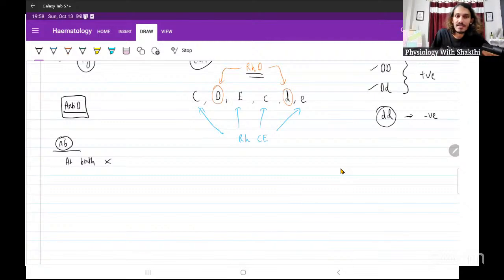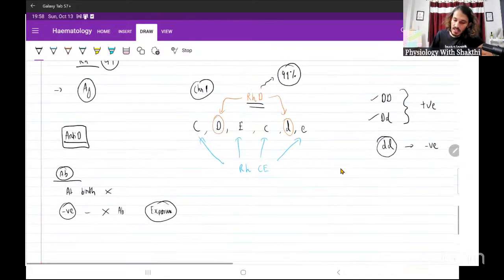So in the RH blood group, we say it is an exception, because even in adult life, even a negative person will normally not have the antibodies against the Rh antigen, because they have not been exposed.